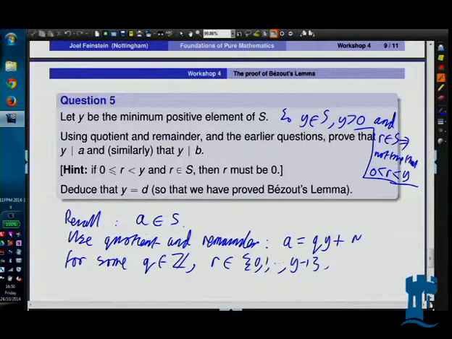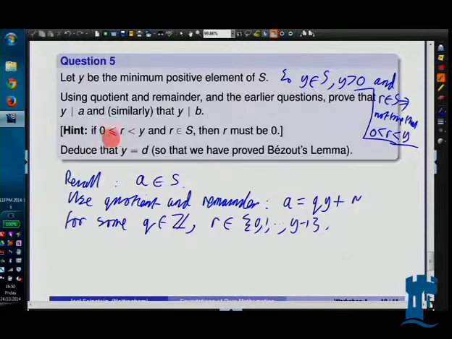That's one of these 0 less than or equal to R less than Y's. R should be an integer here. Well, it says R was in S, so that follows.